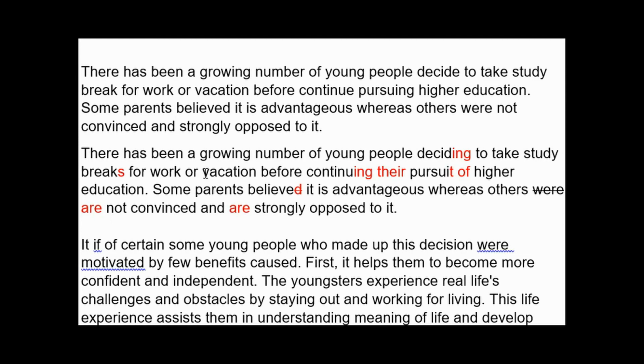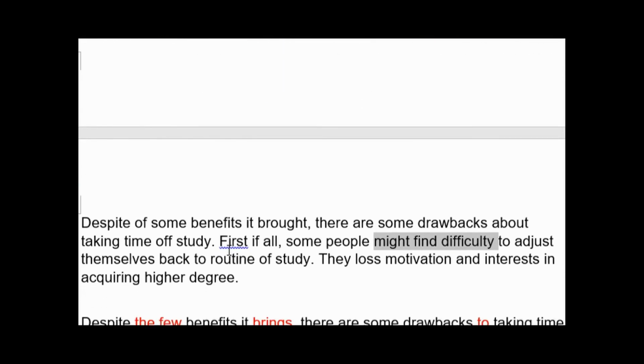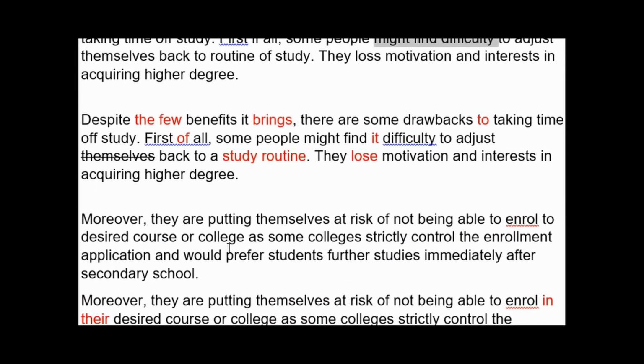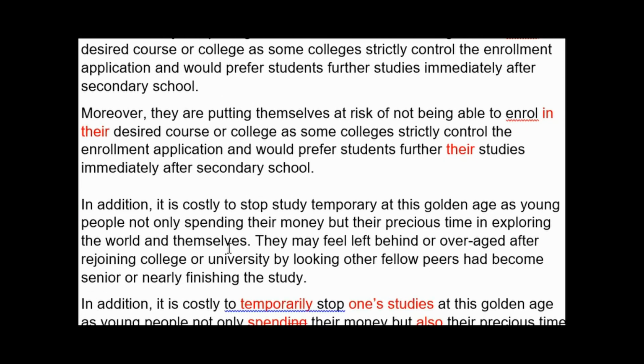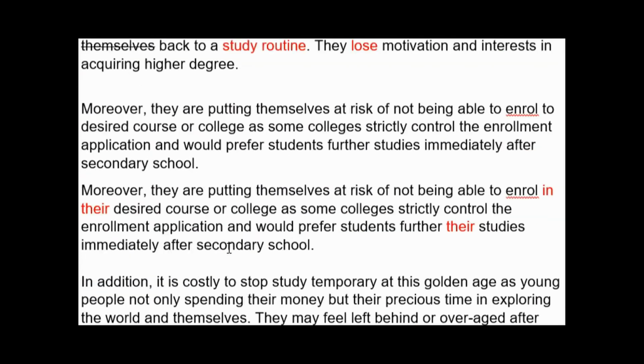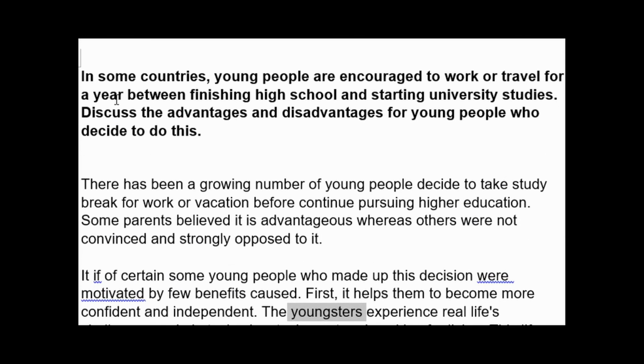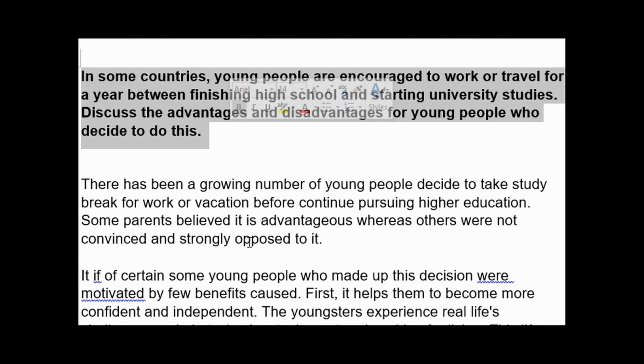Because in this sentence there are mistakes, in this sentence there are mistakes, in this sentence there are mistakes. So that's definitely not true. You can just go by the number of mistakes that there are to see that you definitely can't get a 7. So this piece of writing dealing with gap years, I'd say probably gets a 6.